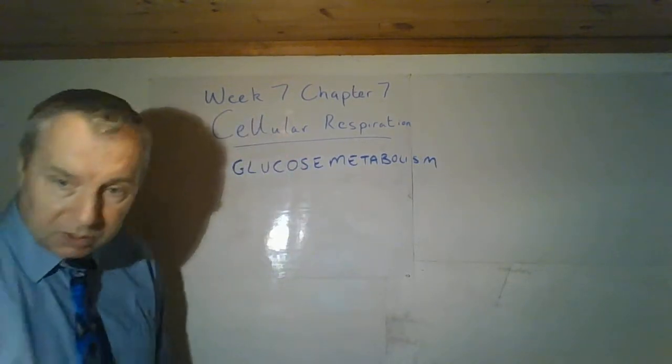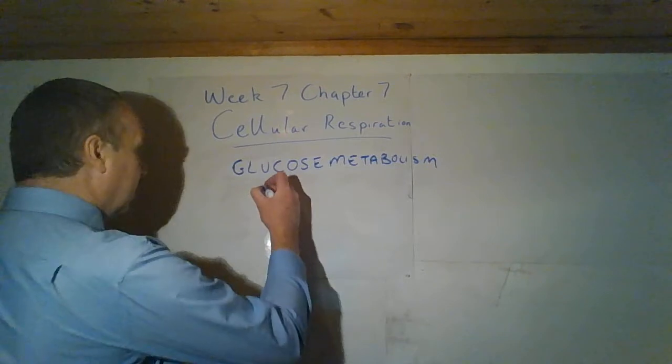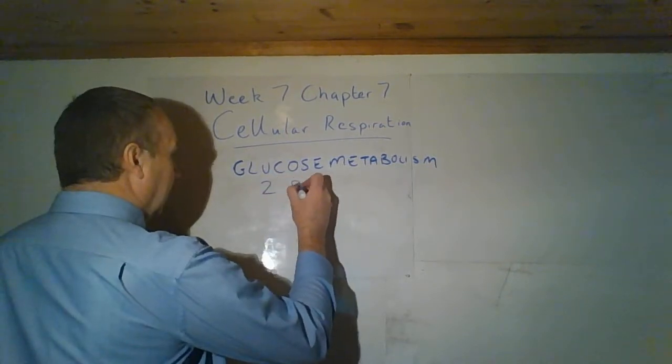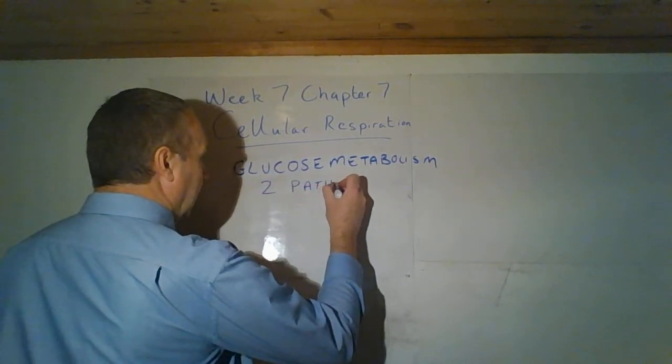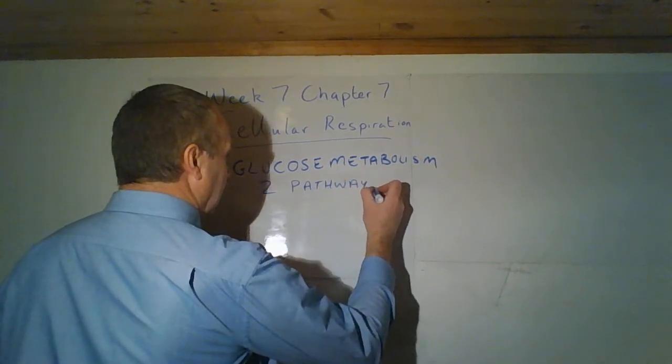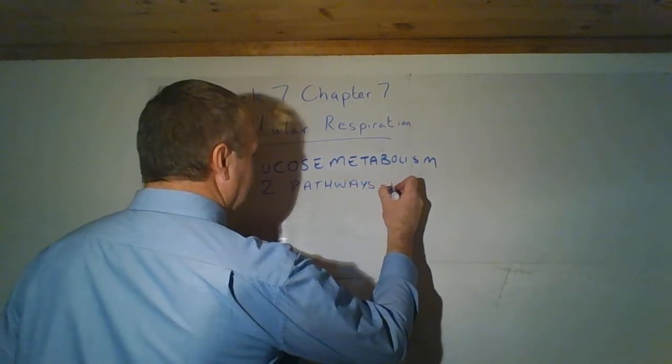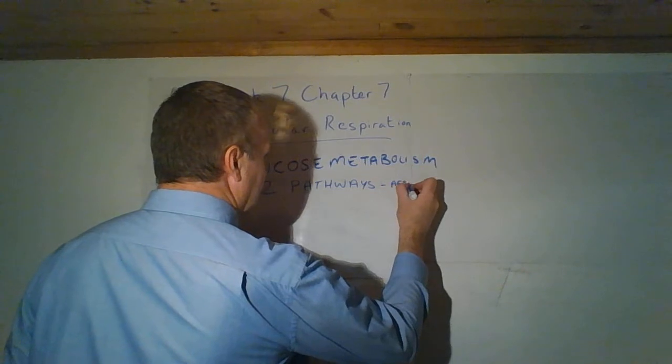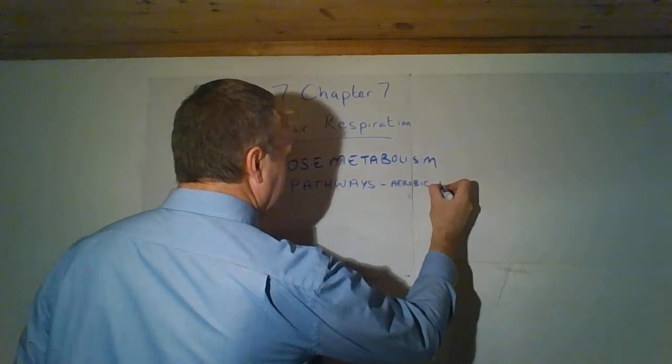So still talking about glucose metabolism, there are 2 pathways, and as we said before, aerobic and anaerobic.